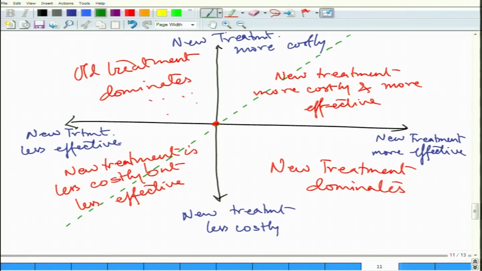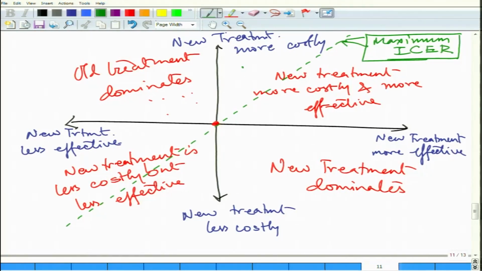through this point. Yes, and this gives my maximum ICER, incremental cost effectiveness ratio. Anything more than that, anything beyond this, I won't choose, right? I will stick to the old treatment.